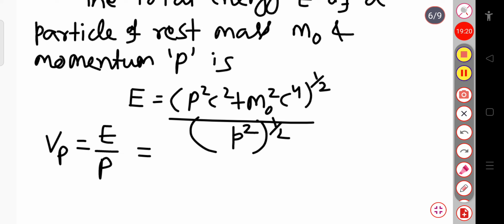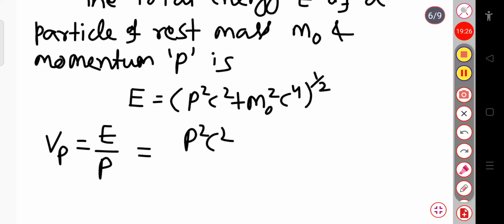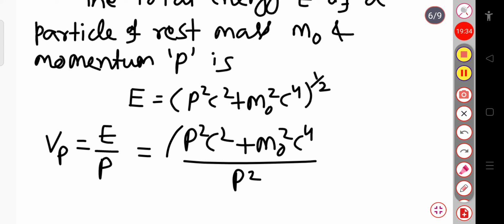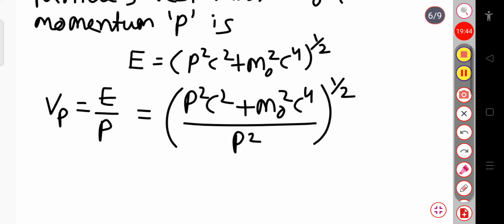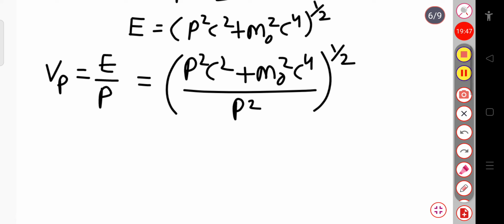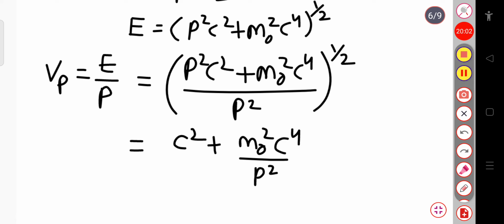Now this will be (P square C square plus m naught square C power 4) divided by P square, whole power 1 by 2.